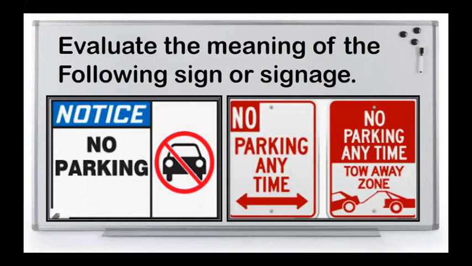For example, when you are learning how to drive, these are examples of signages that they present to you. Why? Because you are the target audience of these signs. Okay, so I believe that's the end of our lesson.